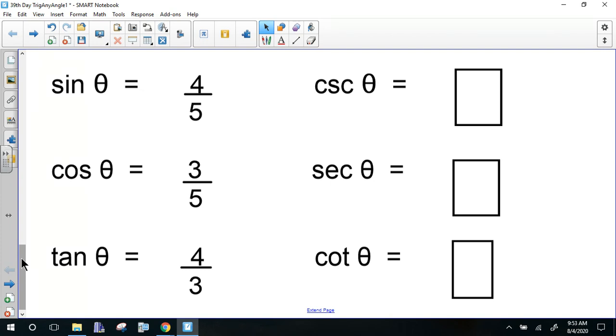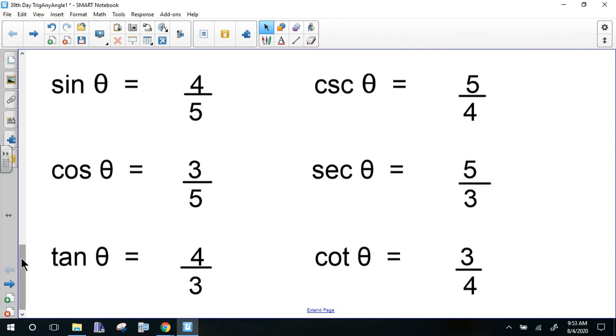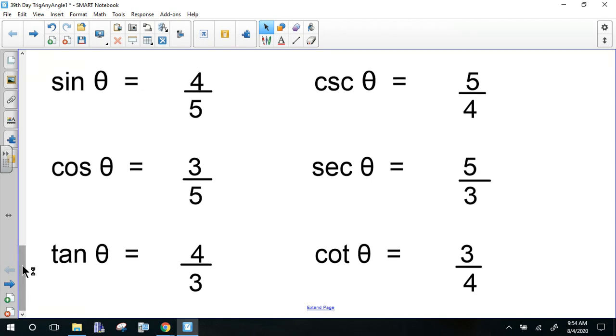And if I flip all three of those, I get the other three: cosecant, secant, and cotangent. So there's all my 6 trig function values for a triangle formed with the point 3, 4.